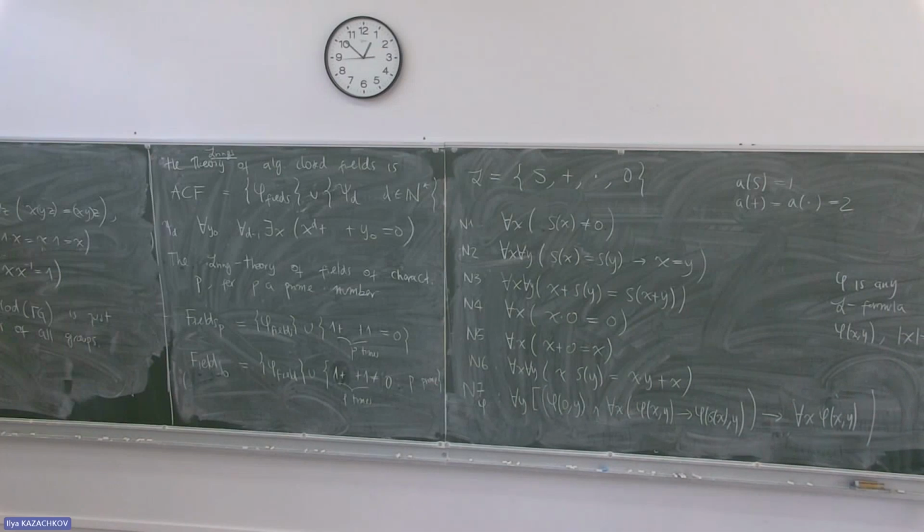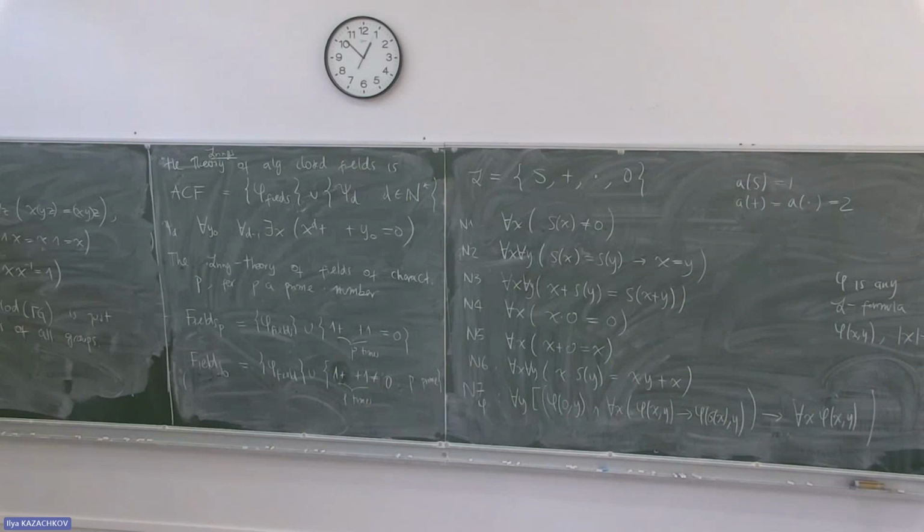So Peano arithmetic for first order logic cannot quantify over all subsets of the natural numbers, but just over the subsets that I can define by formulas, right? So this is much weaker than Peano arithmetic, the usual one.